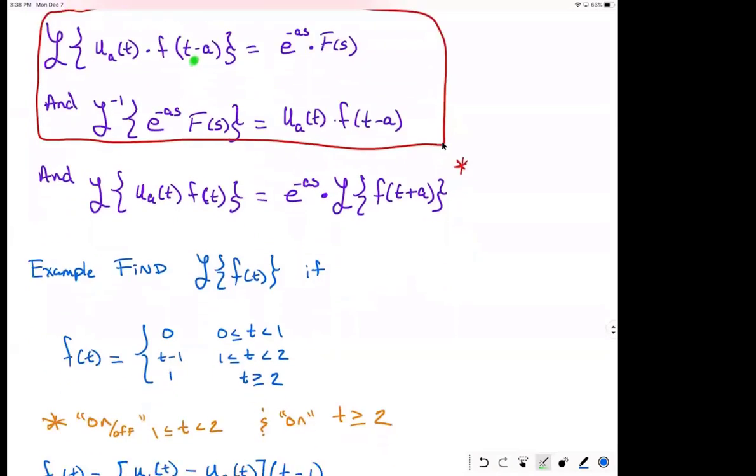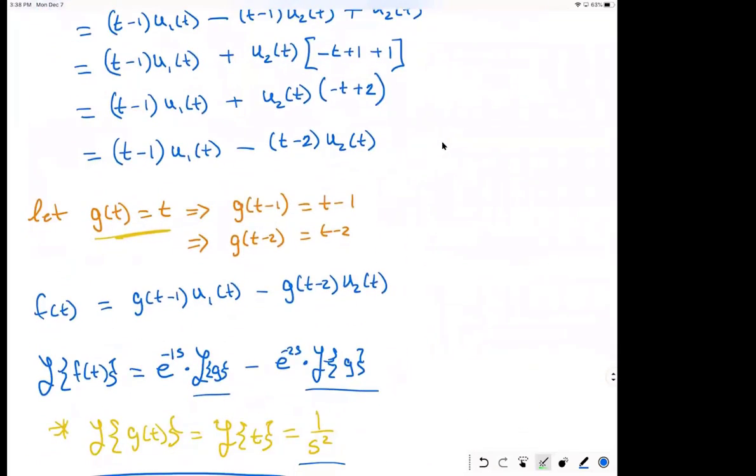Oh, okay, I see, yeah. And so I just said, well, let g equal t, since it's a linear thing, right? And then I substituted t minus 1 into this, and that's the same, right?